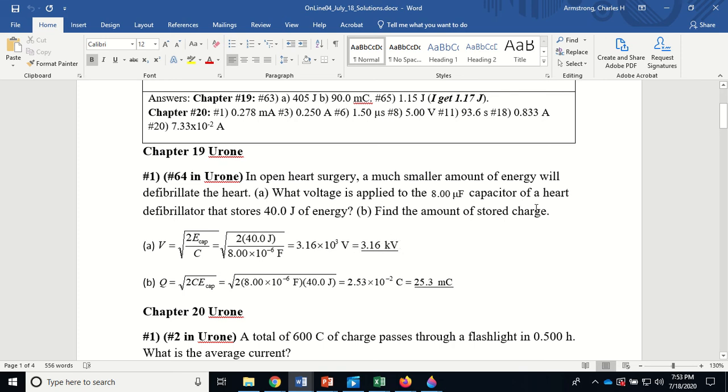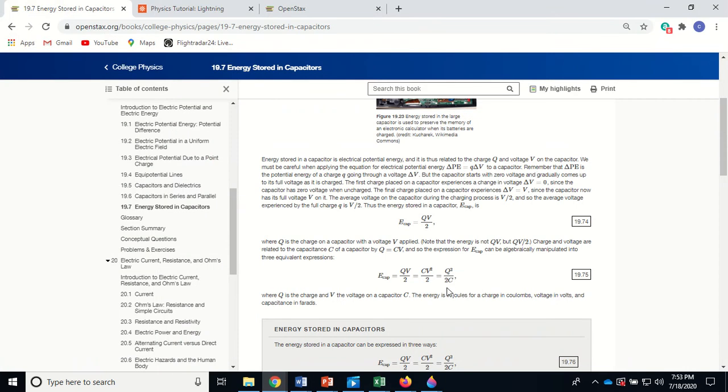Find the amount of charge stored. Well, we just found the voltage, but we also have those equations that include energy and charge, because we know the energy here. So we just solve for charge in one of the other equations, knowing the capacitance. Energy equals charge squared over 2C.